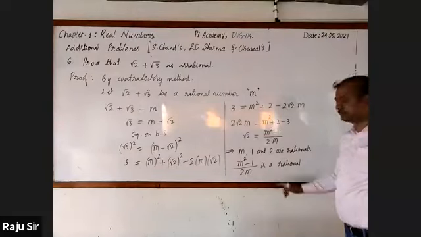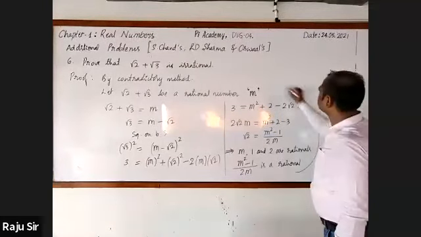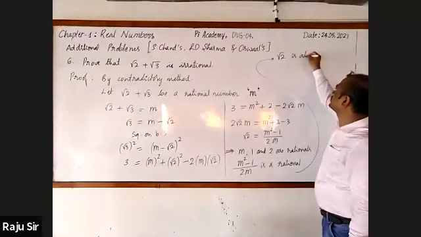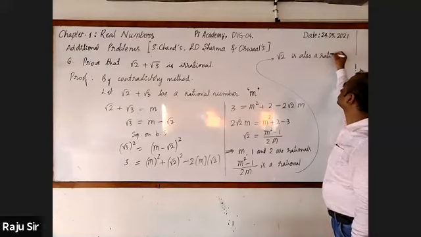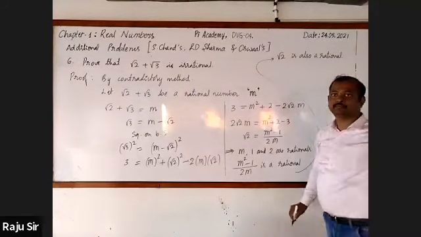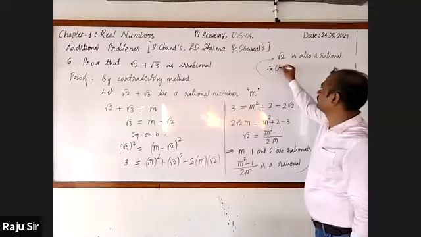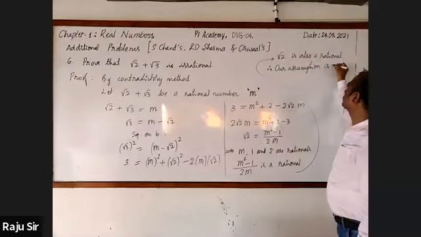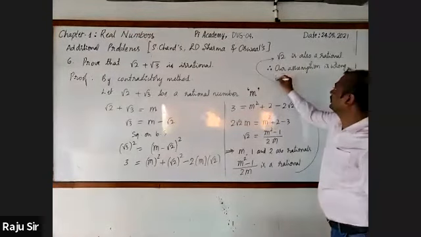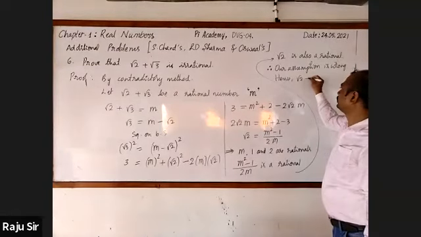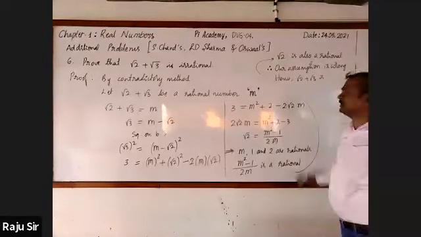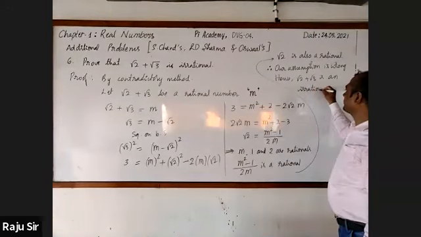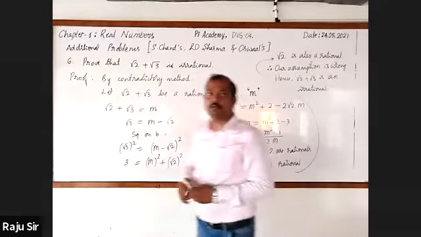That is equal to root 2. So root 2 is also a rational. Therefore, our assumption is wrong. Hence, root 2 plus root 3 is an irrational number. Therefore, it is proved.